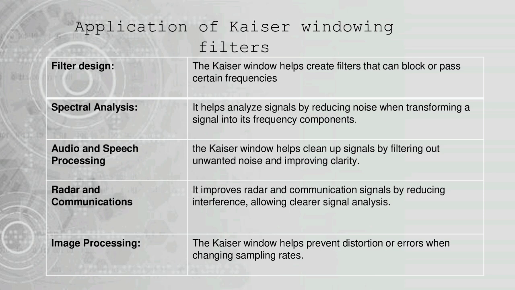It helps clean up signals by filtering out unwanted noise and improving clarity. Number 4, radar and communication. It improves radar and communication signals by reducing interference, allowing clearer signal analysis. Number 5, image processing. It helps prevent distortion and error when changing the sampling rate.